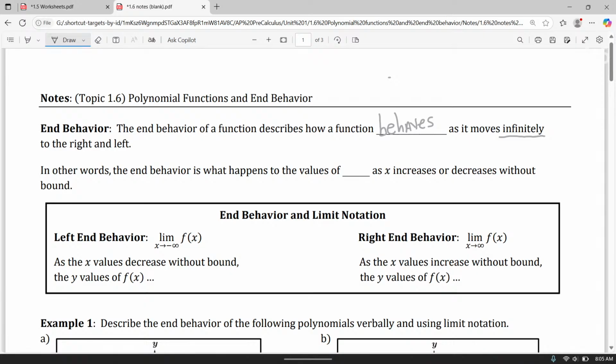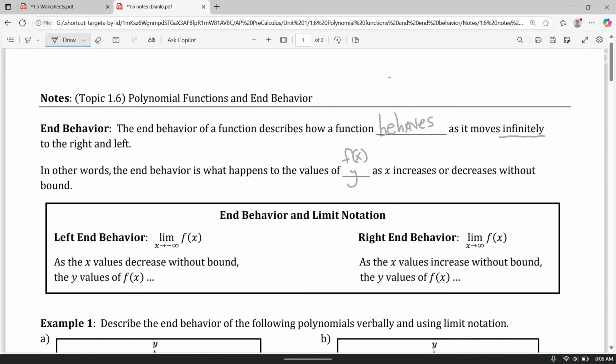We don't like to say those words in this class. In other words, the end behavior is what happens to the values of, can I say y or can we say f of x or whichever one you want? In this class, we like to say f of x. I probably would say y. They're the same thing, right? As x increases or decreases without bound.